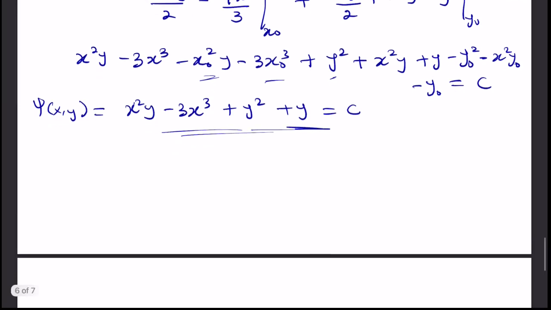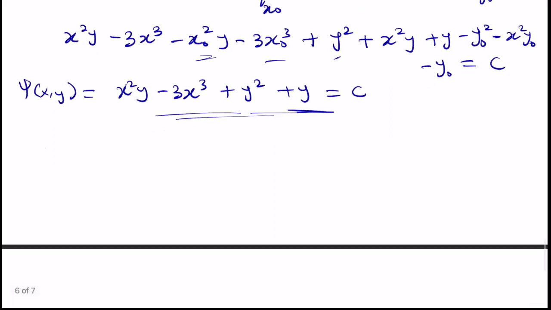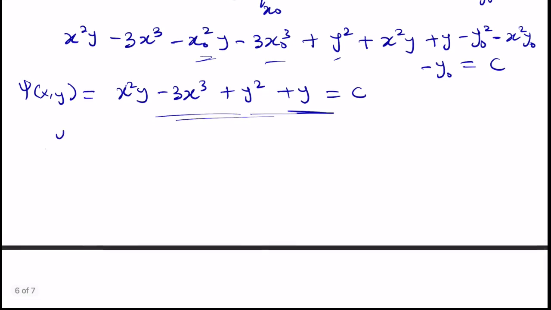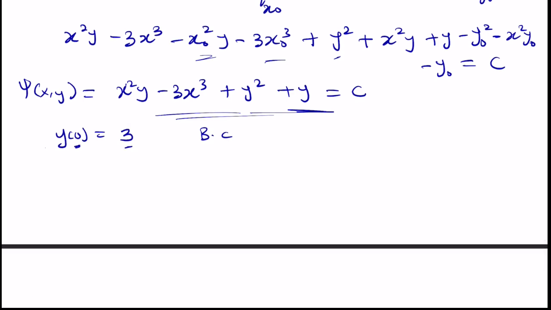Now, if we are given a boundary condition, say they give us an initial condition, say y of 0 is equal to 3, for instance. It means that if we are to apply the boundary condition in this solution, we can simply say that whenever x is 0, y is 3. So we can let x go to 0 and y equal to 3.